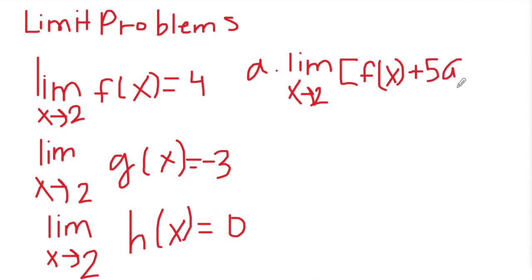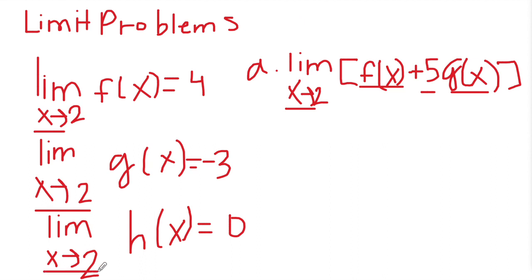Using our limit laws that we learned before, we have f of x and 5 times g of x. Since x is going to 2 for both, we have no worries. We have a 4 for f of x and a negative 3 for g of x. It's really simple. We just do 4 plus 5 times negative 3.